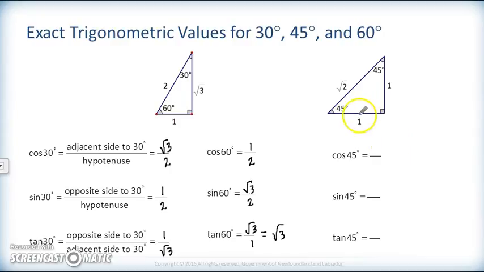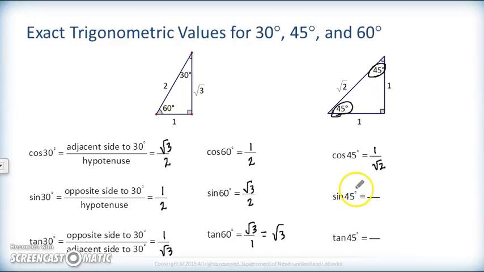For the 45-degree angle, we have to go to the other triangle. The cosine of 45 degrees is adjacent over hypotenuse. And it doesn't matter if we go by this 45-degree angle or this one, because the adjacent leg for each of those angles is still 1 unit long. The hypotenuse is root 2.